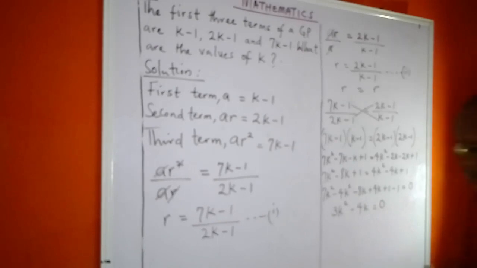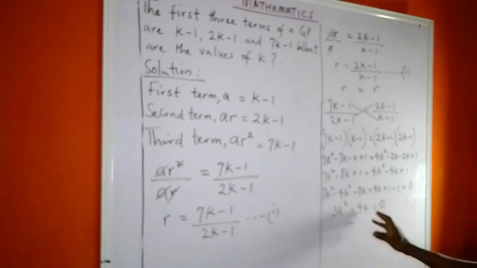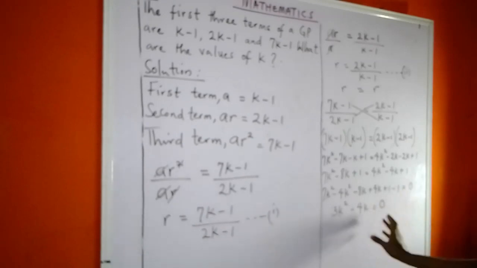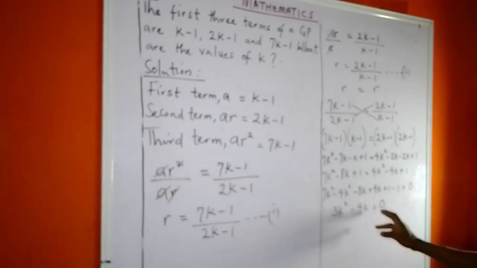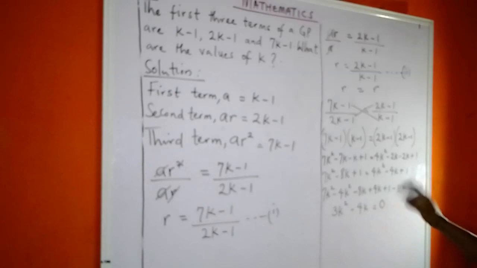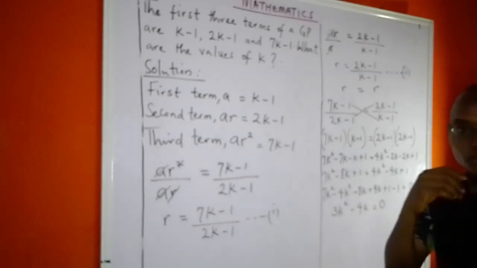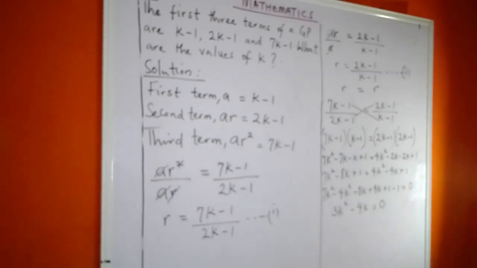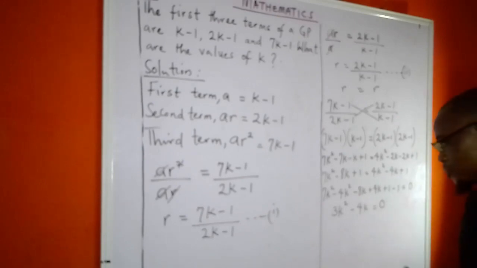Okay, now if you look at this, it looks like a quadratic equation. It's a quadratic equation, but the only thing missing is the constant, which is 0, and we don't need it. We'll still make use of our knowledge of what we've done in the previous class on quadratic equations.